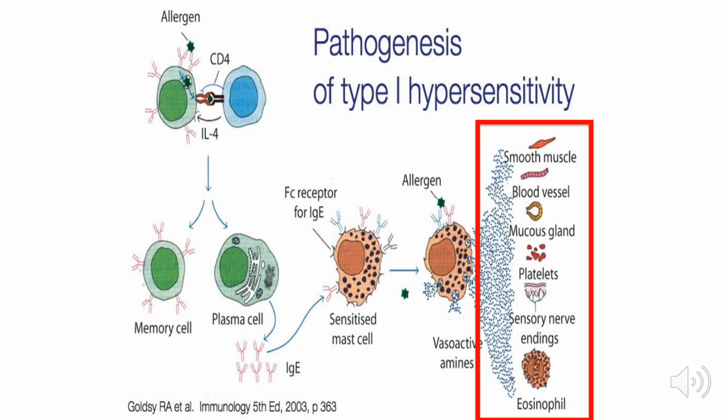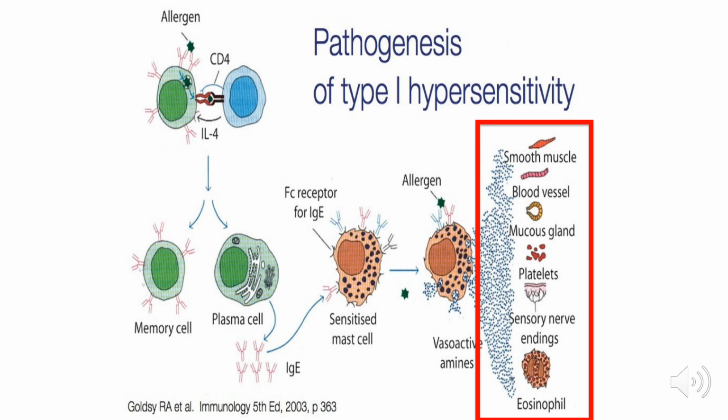Next, this histamine will also act on mucous glands, increasing their secretions. That's why people with allergic rhinitis will have frequent watery secretions coming out of their nasal passages. It's because of the increased mucous secretion brought about by the effect of histamine.